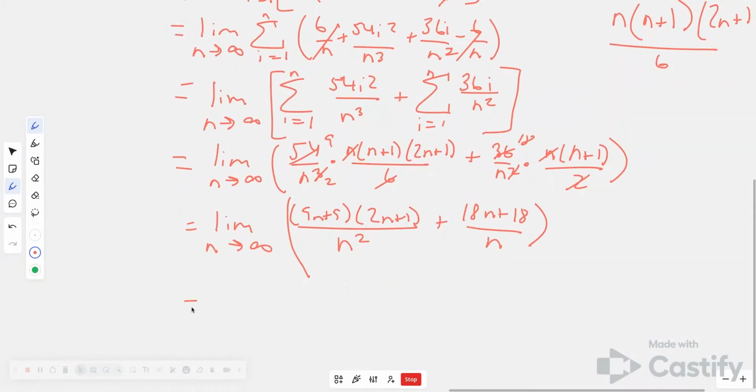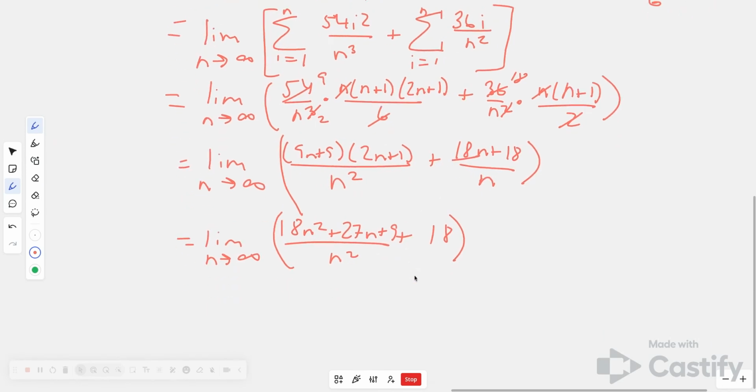And then we can continue simplifying. For this first one, it would be 18n squared plus 27n plus 9 over n squared. And this one would just be plus 18, because here as n approaches infinity, it approaches 18.